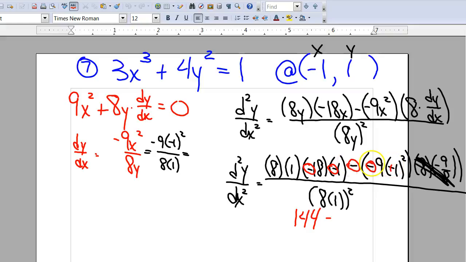And then I've got 1, 2, 3 negatives. So this will be minus. It'll be minus 81. Because 9 times 9. The bottom 8 squared is 64. So this comes out to 63/64. Yeah, am I right? Are we right? What was the answer? 63 over 64. Yep.